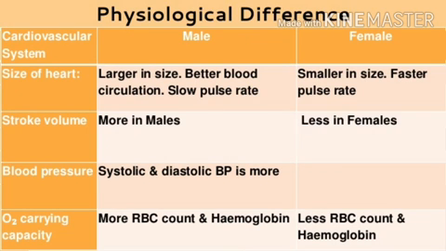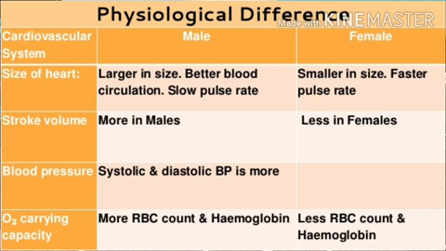Now we will talk about the physiological differences in males and females. First is the cardiovascular system. Size of heart: males have a large heart, better blood circulation and a slow pulse rate, whereas in females the heart is smaller and the pulse rate is faster. Next, stroke volume is more in males and less in females.